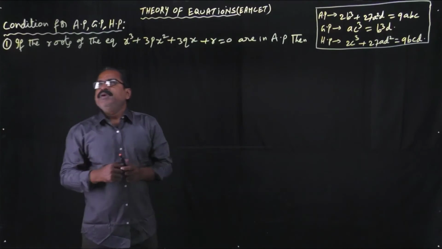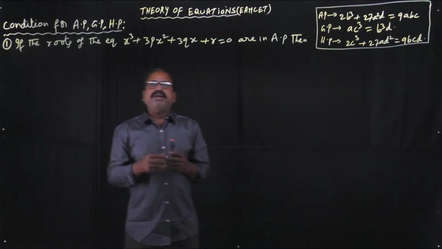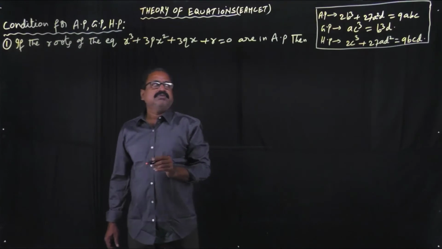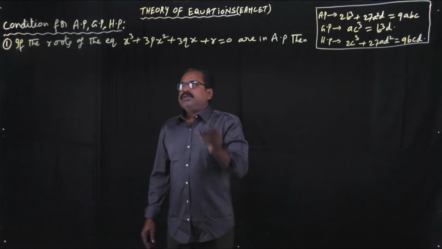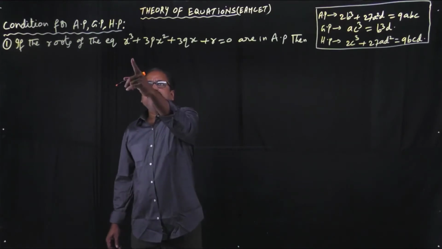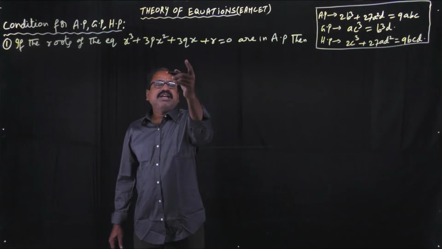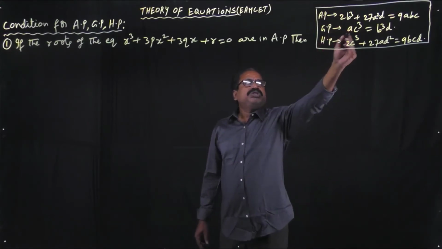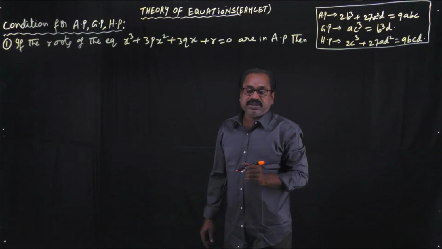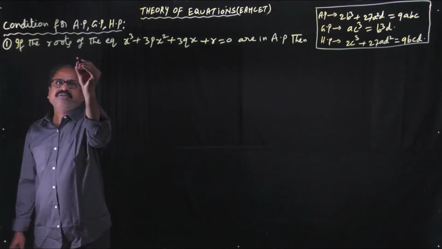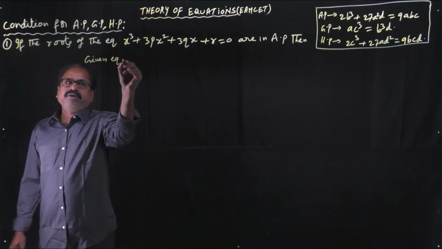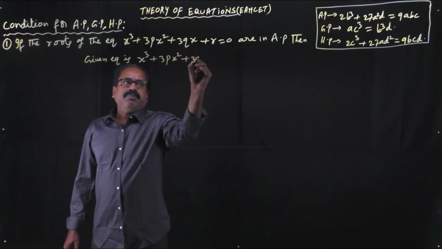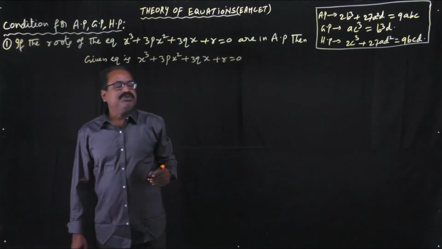So first question: if the roots of the equation x cube plus 3px square plus 3qx plus r equals 0 are in AP, then... we know that if the roots of ax cube plus bx square plus cx plus d equals 0 are in AP, then 2b cube plus 27a square d equals 9abc. The given equation is x cube plus 3px square plus 3qx plus r equals 0.